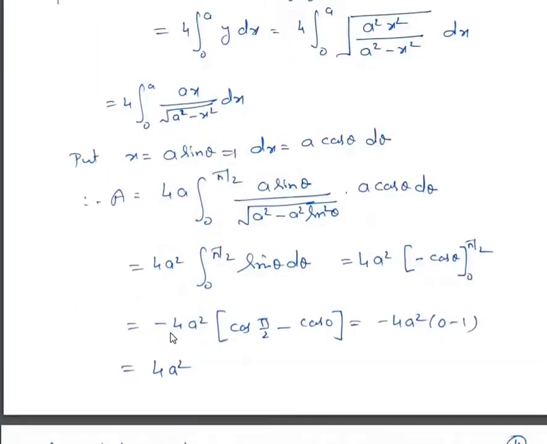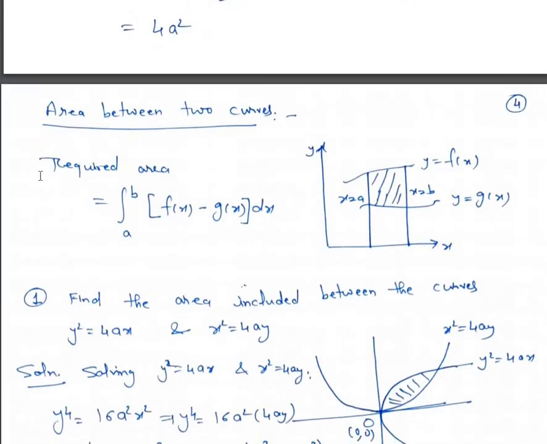Alright. Now let us see how we can find out area between two curves. Suppose we have a curve y is equal to f(x), and suppose the second curve is y is equal to g(x), and suppose these are the two lines parallel to y-axis, x is equal to a and x is equal to b, and we have to find out area between y is equal to f(x), y is equal to g(x), x is equal to a and x is equal to b.